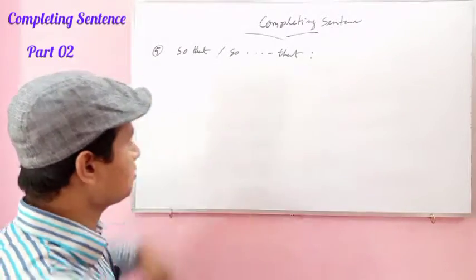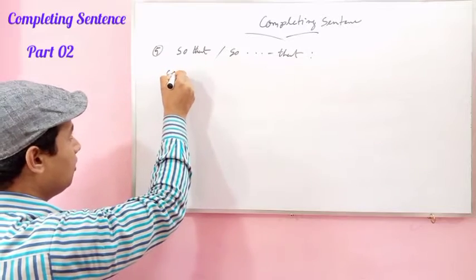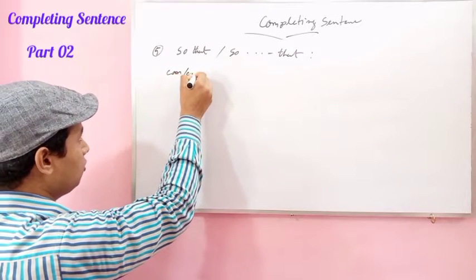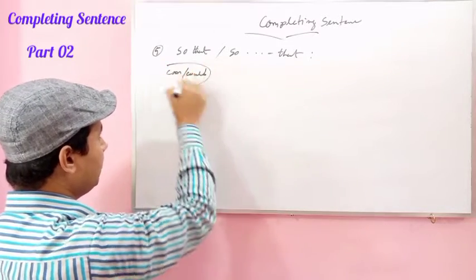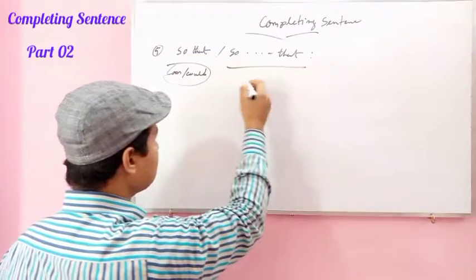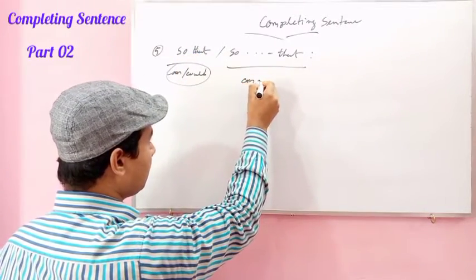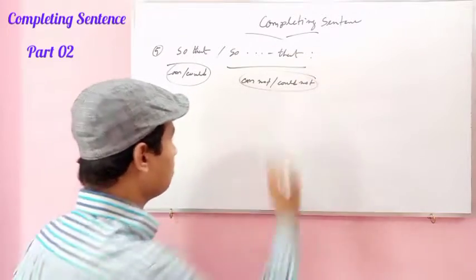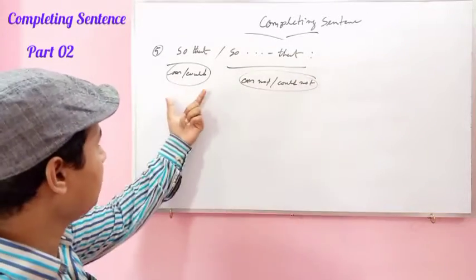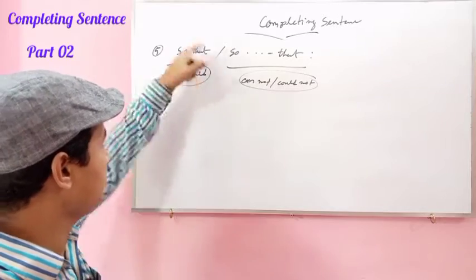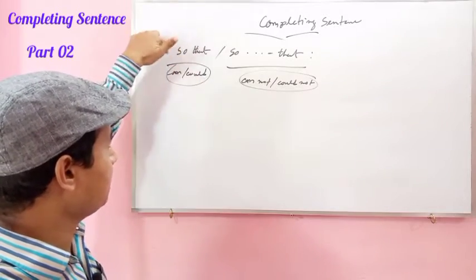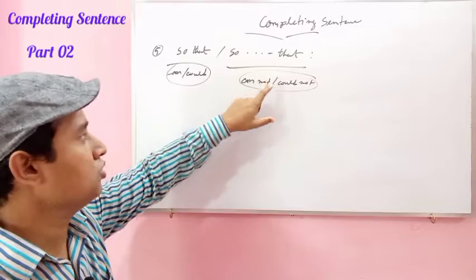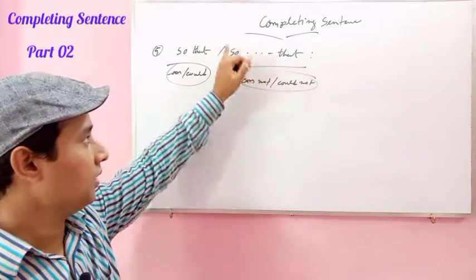You can use can or could after so that, and you must use cannot or could not in so...that.